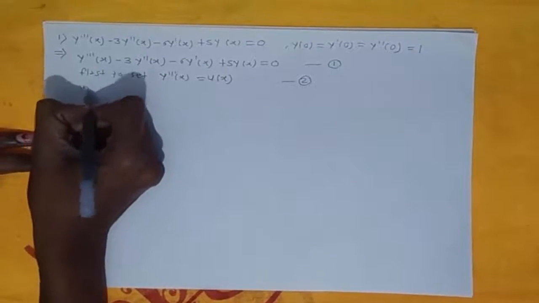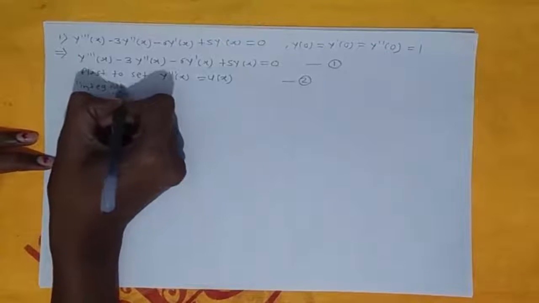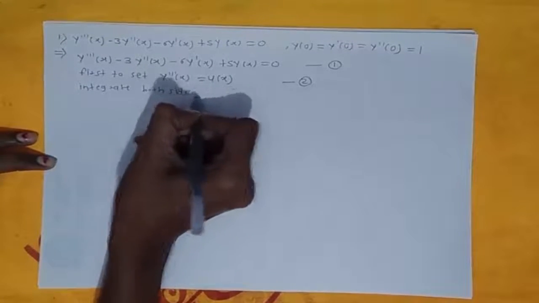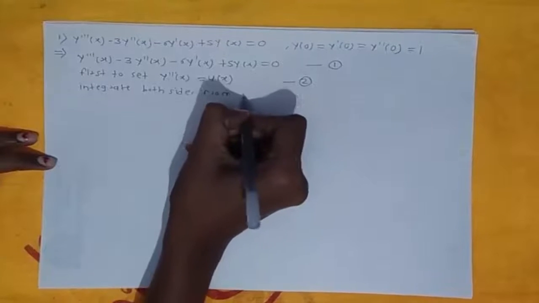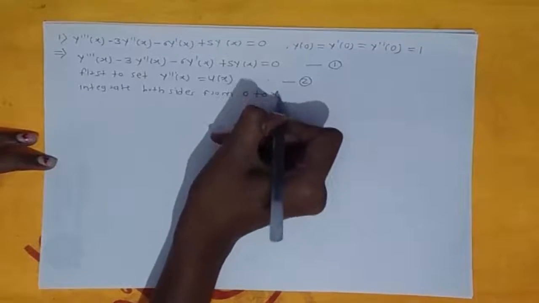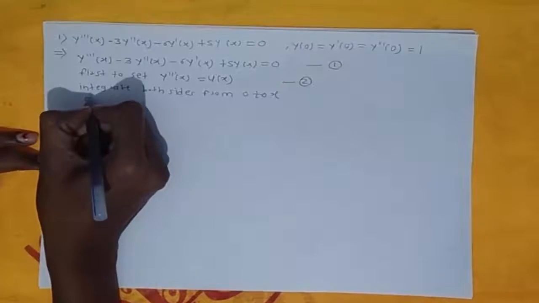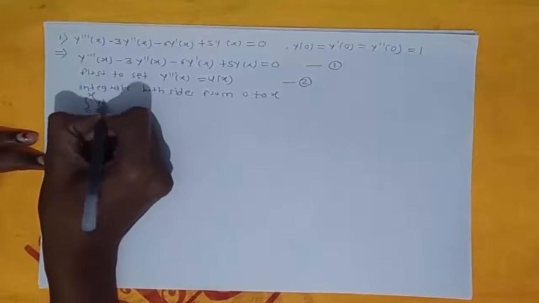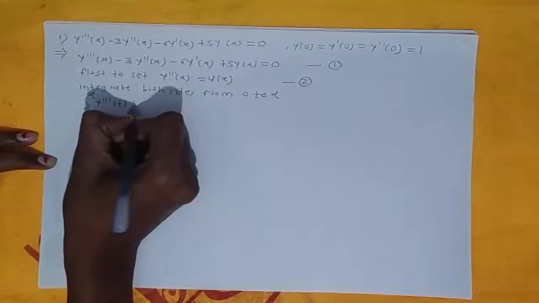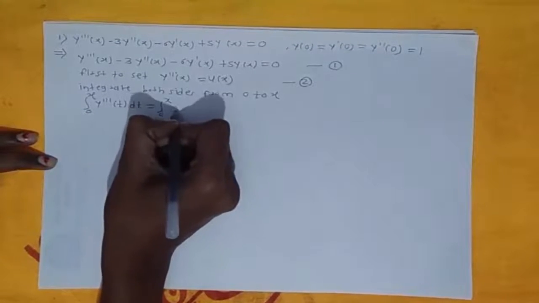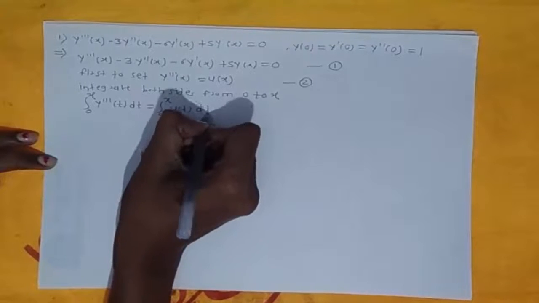Then integrate both sides from 0 to x of equation number 2. We get integration from 0 to x y triple dash of t dt is equal to integration from 0 to x u of t dt.